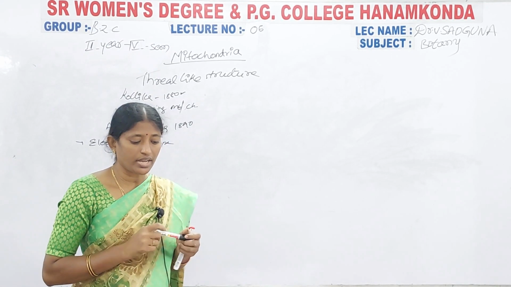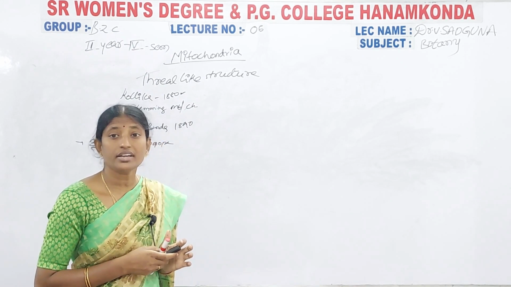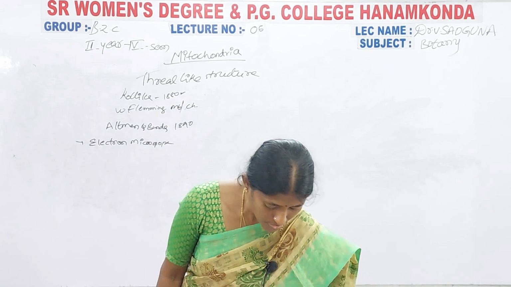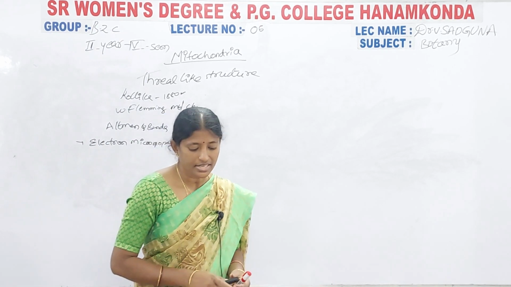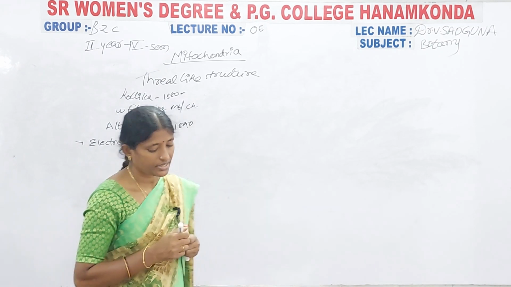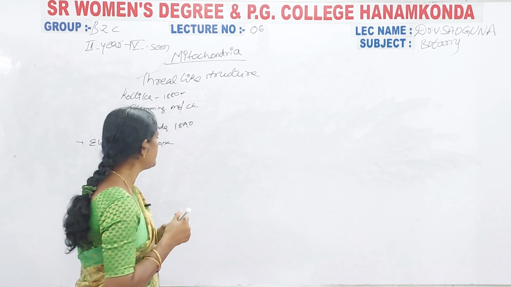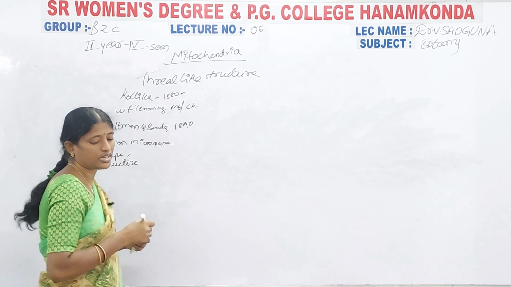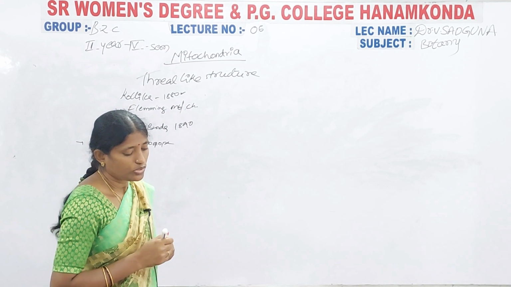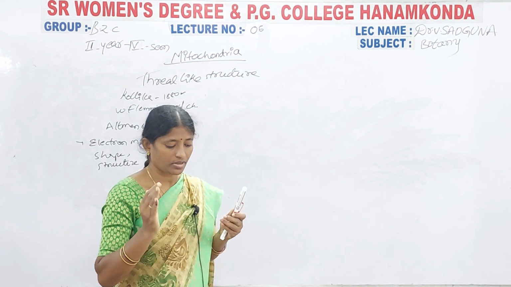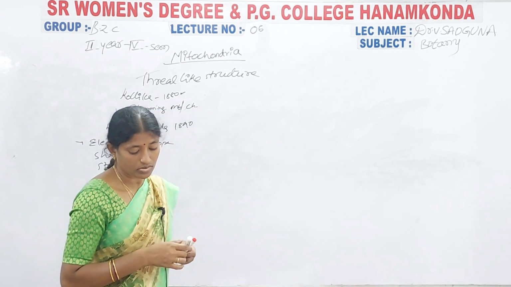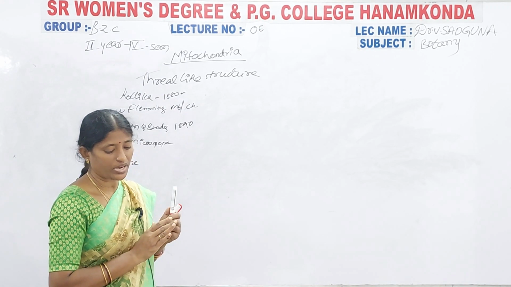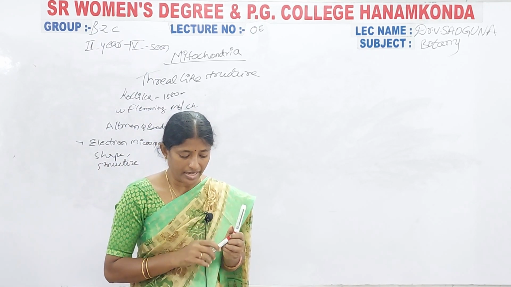Depending on certain functions, the mitochondria change their shape, structure and membrane, and also take on different sizes.